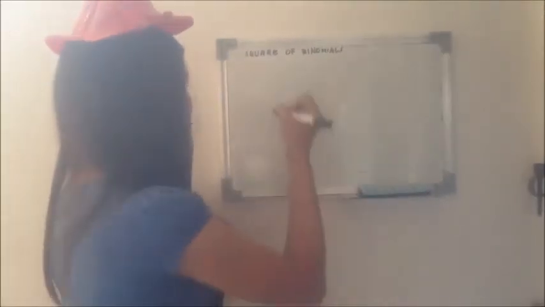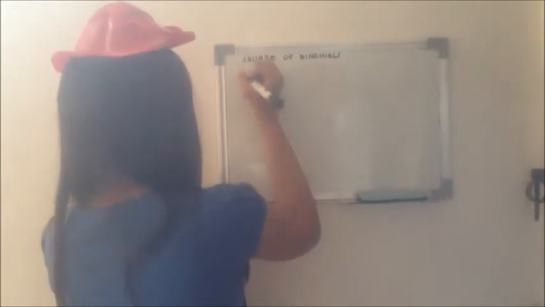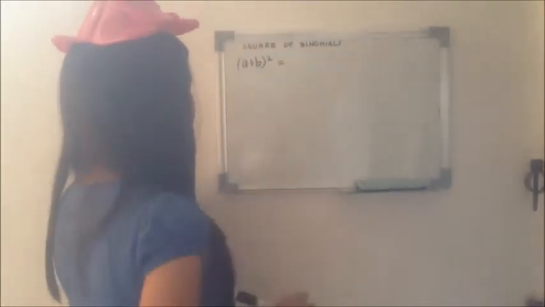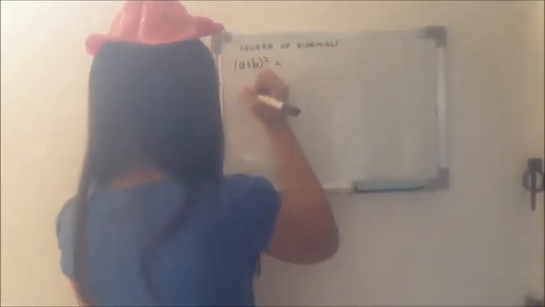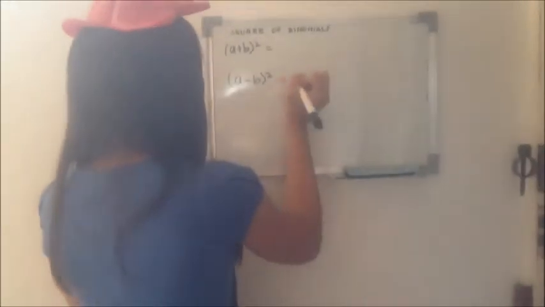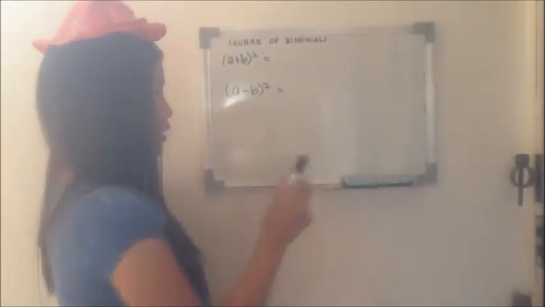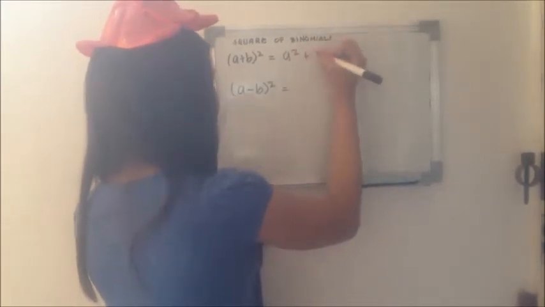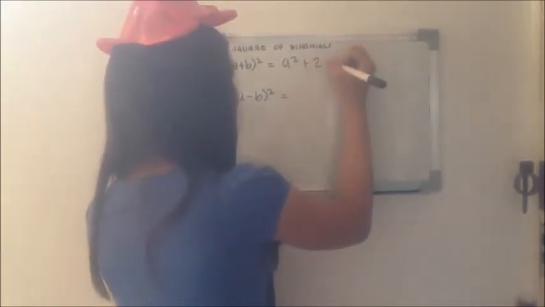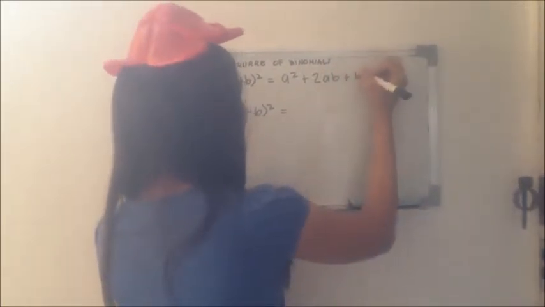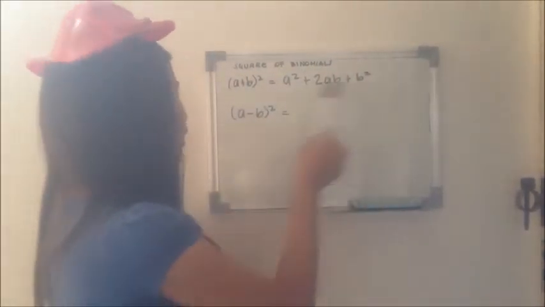Square of binomials. The formula for square of binomials is A plus B squared, or A minus B squared. The answer for this formula is the square of the first term plus twice the product of the first term and the last term plus the square of the second term or last term.